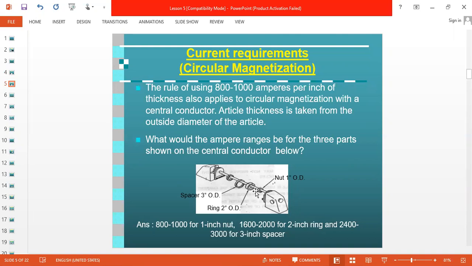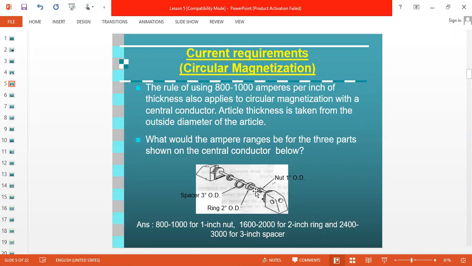Second, with the central conductor we can find internal cracks, meaning cracks located on the ID, the internal diameter surfaces, and radial cracks which occur on the face. This is the benefit of the central conductor.